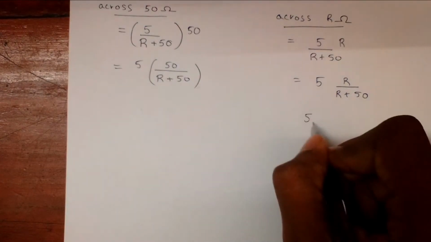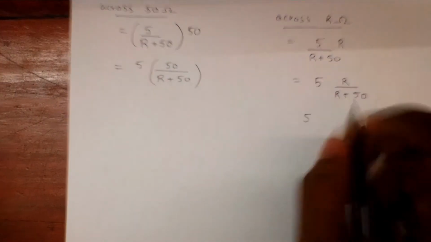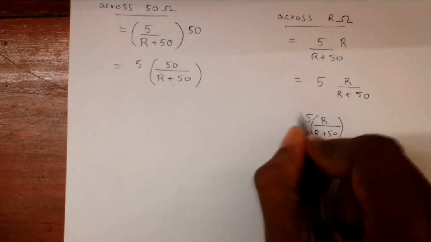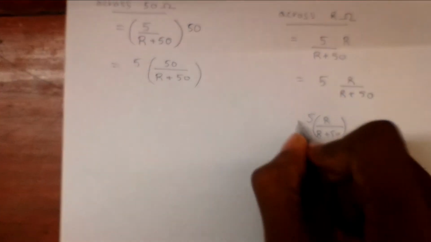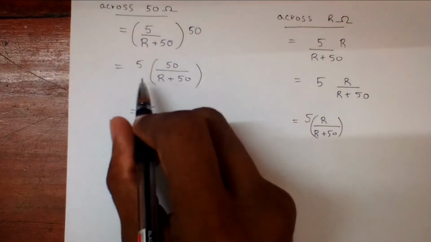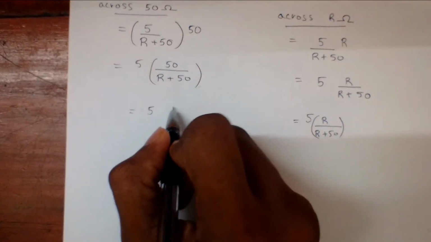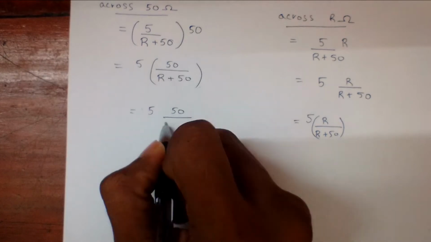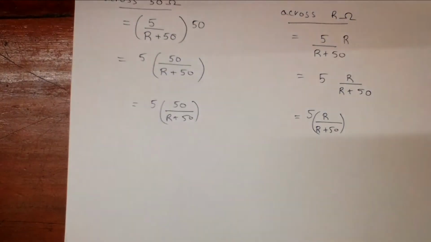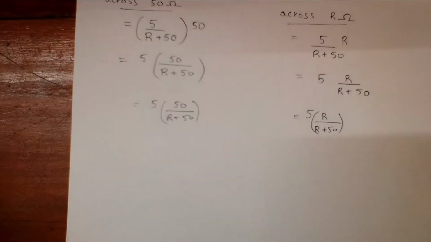So 5 is the total voltage, and across R resistance it will be R by R plus 50, a partial fraction of the total voltage. Again 5 is the total potential we have, and across 50 ohm it's 50 by R plus 50. So that's a very important fact.